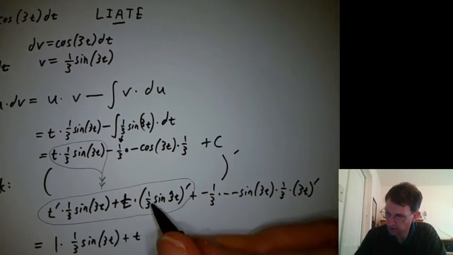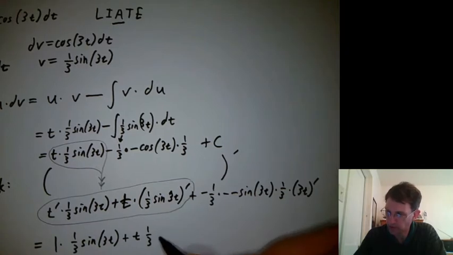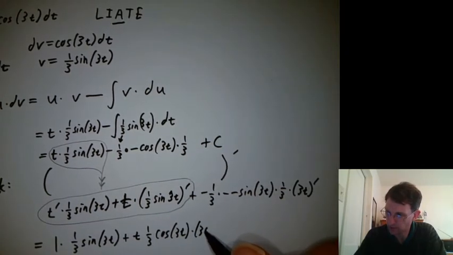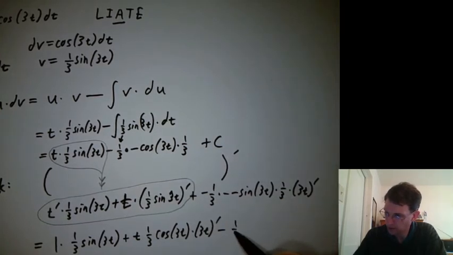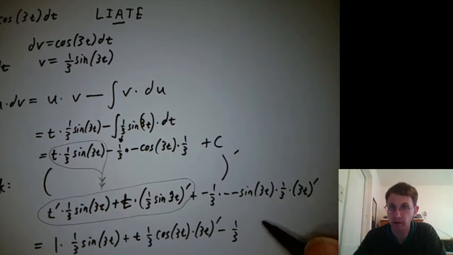so that t there, times 1/3, what's the derivative of sine 3t? It's cosine 3t times 3t prime, minus 1/3. I'm going to collapse those minus signs and just not write anything at all.